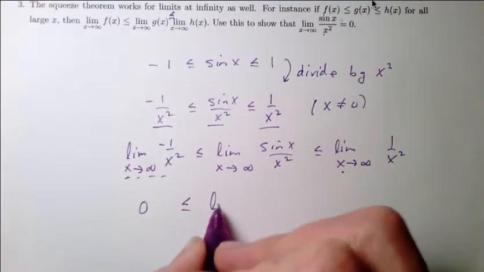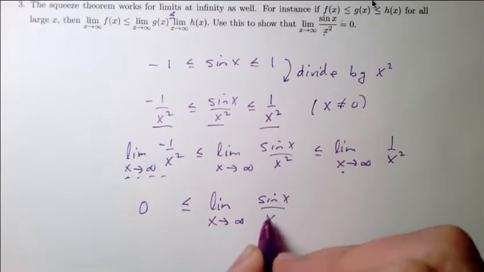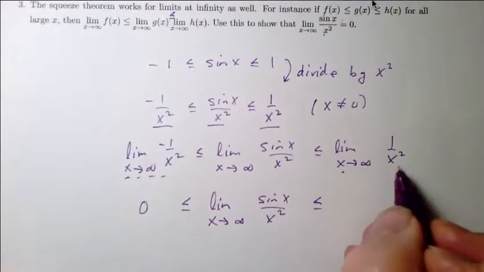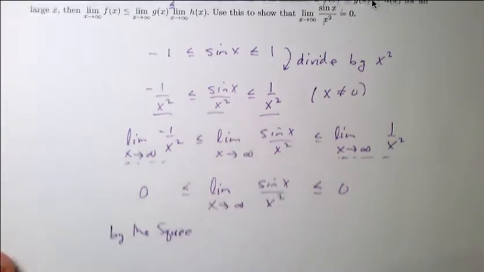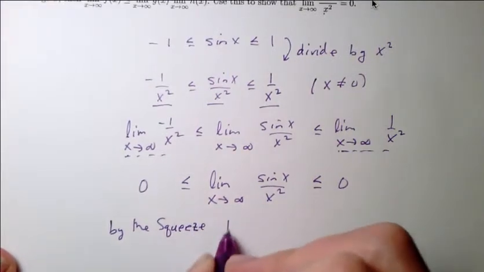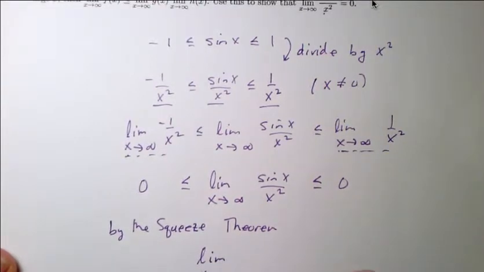That's less than or equal to the limit as x goes to infinity of what we want here. And that's less than or equal to this right-hand limit, which is 0. All right, the only number that's stuck between 0 and 0 is 0. So by the squeeze theorem, we know the limit as x approaches infinity has to be 0.